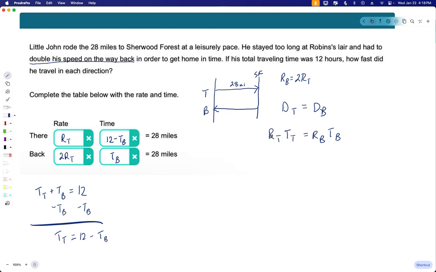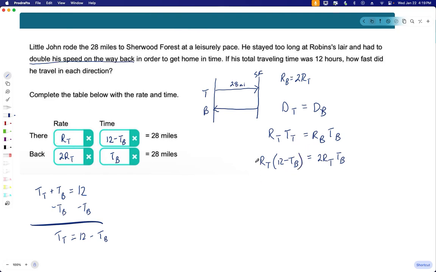Rate there is RT, rate back is 2RT. We don't know what TB is, so we leave that alone, but we do know that the time there is 12 minus TB.